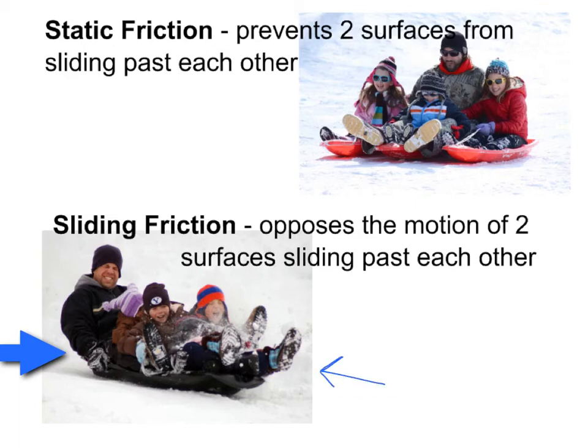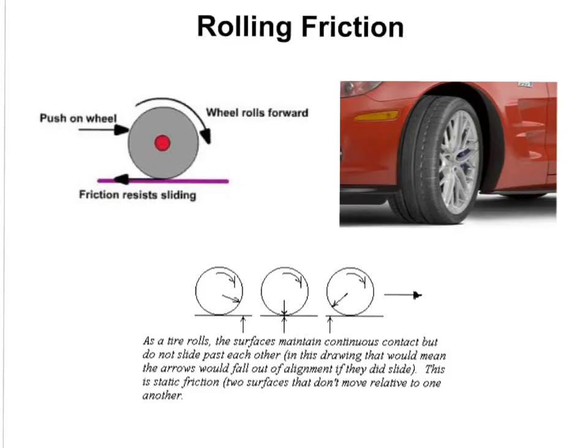The force of the sliding friction is less than the force moving the sled, because obviously the sled is moving. So we have a really big force going this way and a small sliding friction force this way. Generally, sliding friction is less in magnitude than static friction.